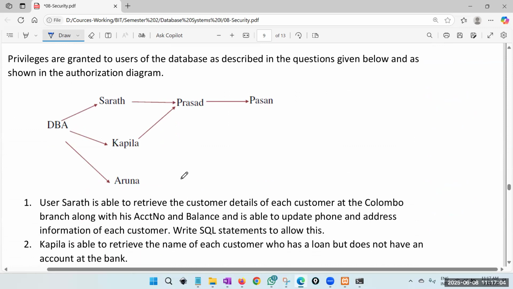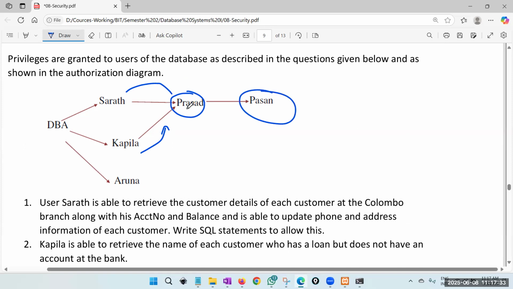So likewise, it can go as a hierarchy. Sometimes it can be a sort of a graph also. Say Prasad gets some privileges from Sarath. Sarath has given some privilege and Kapila has given some other privilege. Now Prasad has both the privileges. Okay. And if you got it with grant option, now Prasad can give your privileges to Pasan also.